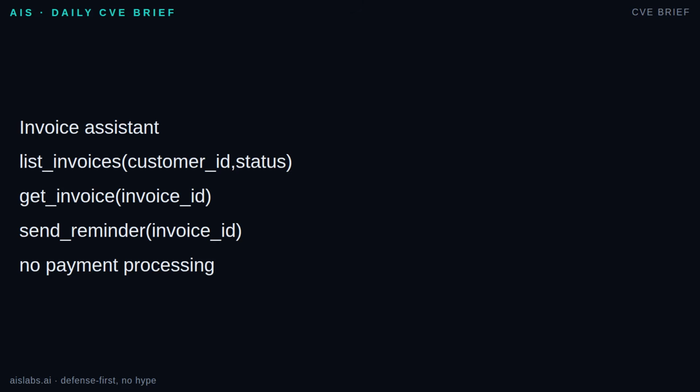Keep get invoice with ID for one known invoice. Keep send reminder with invoice ID only for sending a reminder. The list tool description says, "use when the user asks for 0 or more invoices by customer, date, or status. Do not use when the user provides a specific invoice identifier and wants details." Now, the correct choice is much easier.